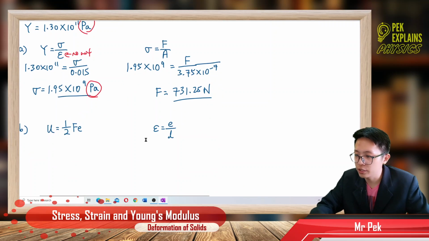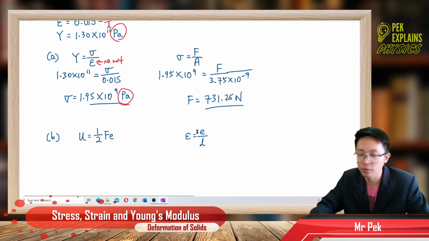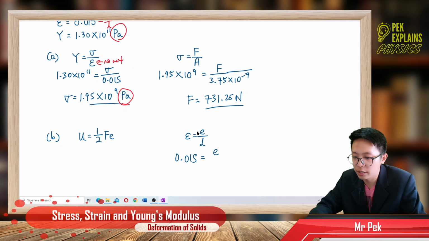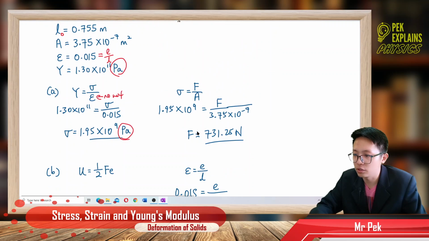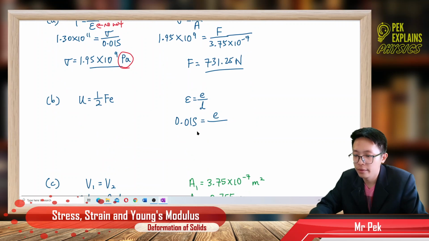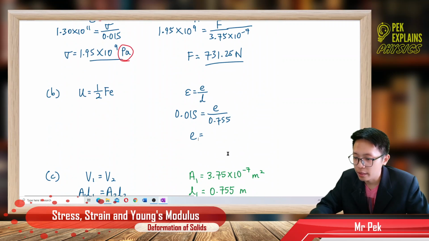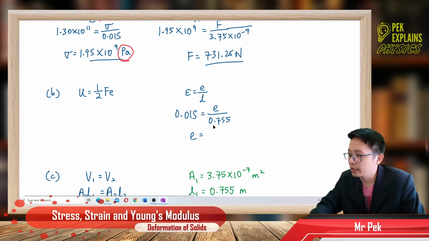Okay, let's find out my elongation. I have the strain 0.015, which is my elongation over my initial length, 0.755. So let's calculate. My elongation is 0.011325 meter.